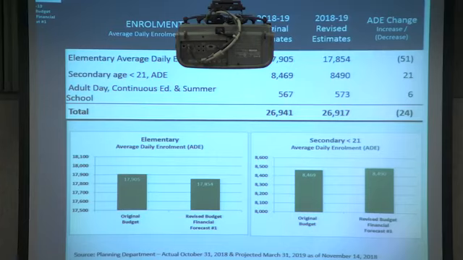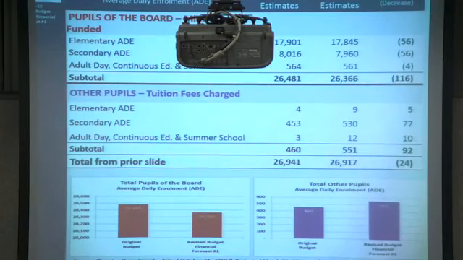Okay, go to number 4. Thank you. Slide 4 uses the same overall enrollment figures from our last slide, and it simply breaks them into 2 classifications based on our source of funding. Now, the first classification is pupils of the board. Our funding from these students comes from the Ministry of Education through our GSN grants. That's our grants for student needs.